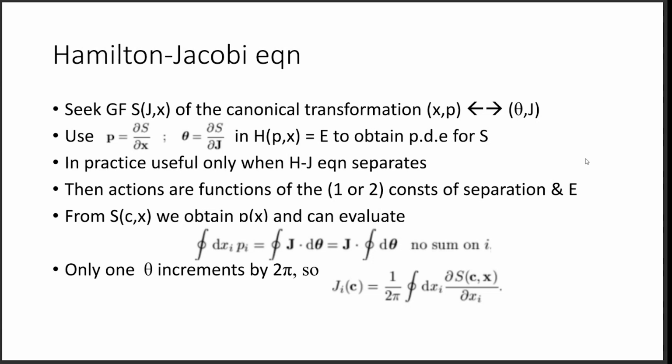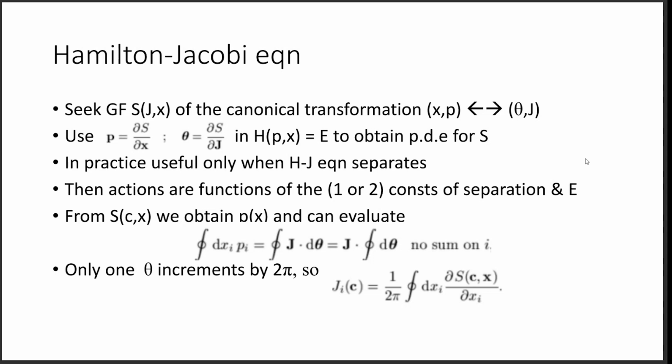So we will have one or two separation constants, and the energy E will be another constant of the motion. And S, the solution to this equation, is going to be a function of the separation constants C and x. In C, I'm including E and however many of these separation constants we have.